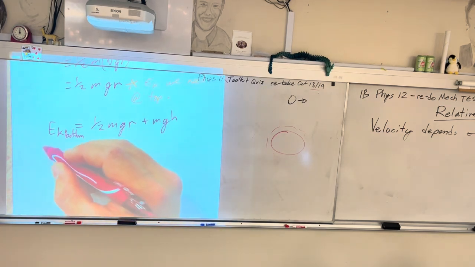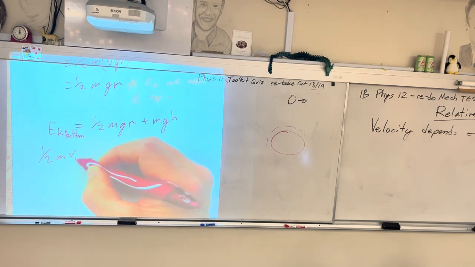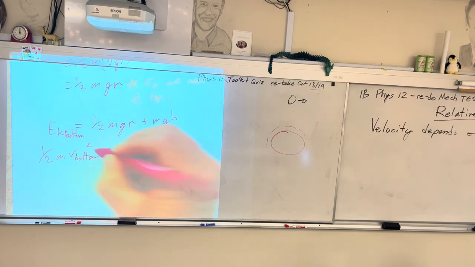Okay, so if we want to calculate our v at the bottom, half mv squared is equal to half mgr plus mgh.